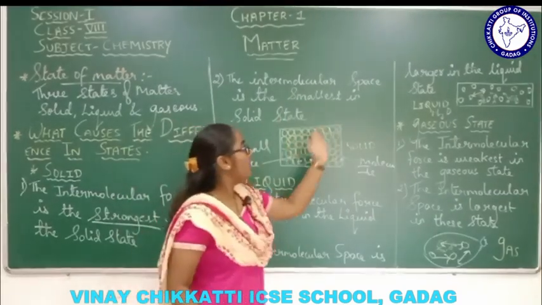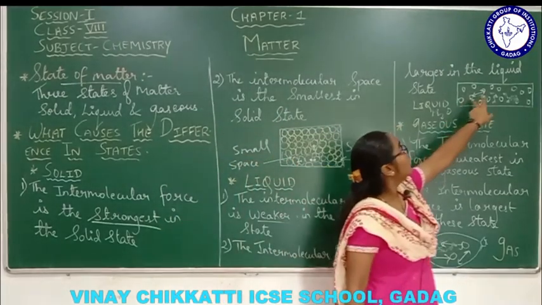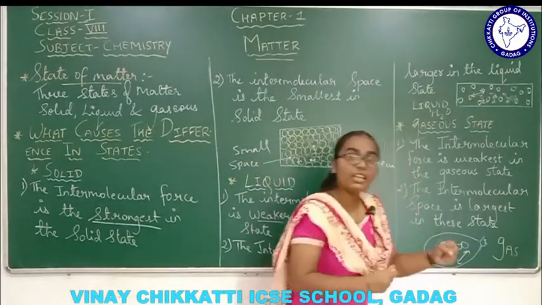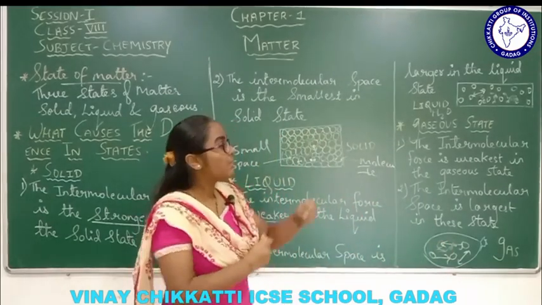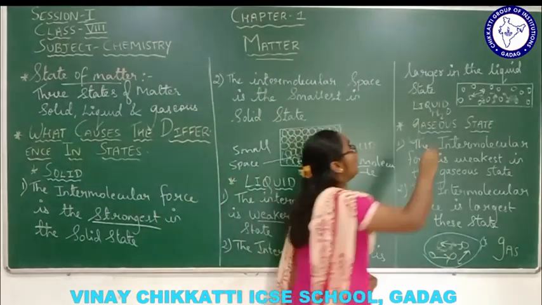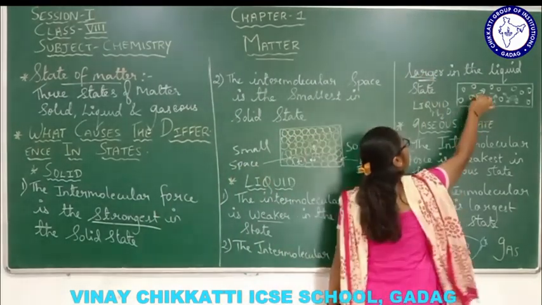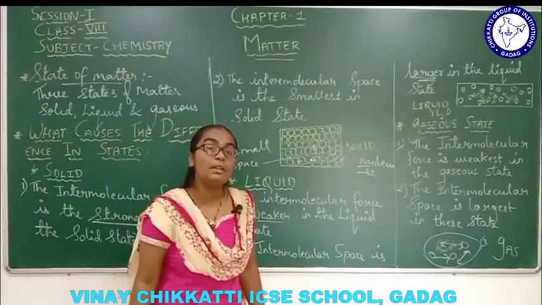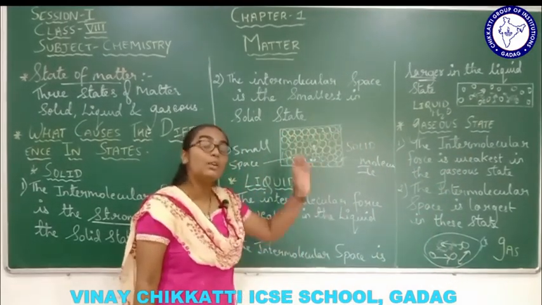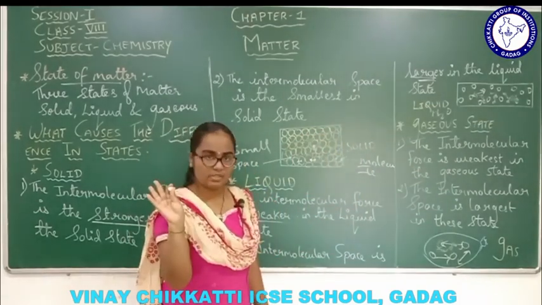Whereas in liquid, when you compare solid with liquid, the intermolecular force is weaker because the molecules are a little farther away from each other. Thereby the intermolecular space will be larger in the liquid state, for example water or any liquid foodstuff.